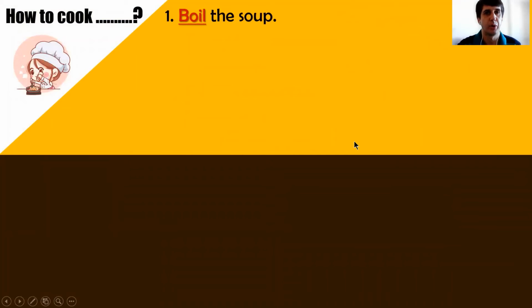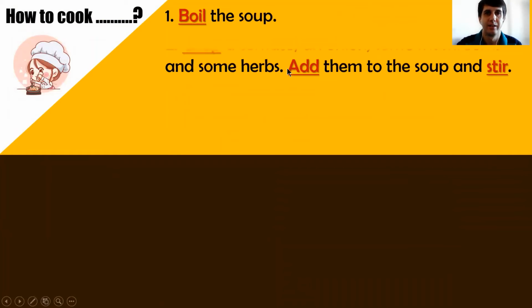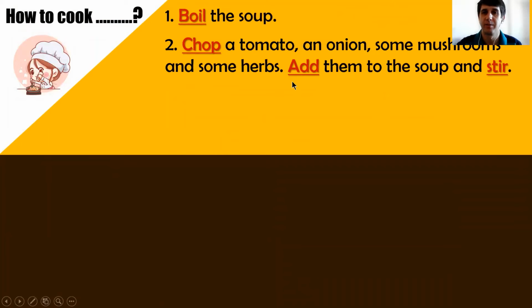Number 1, boil the soup. Okay, now remember, boil means make it very hot. The liquid gets hot, starts to bubble in the pan. Chop a tomato, an onion, some mushrooms, and some herbs. So we need a sharp knife, we need to chop, chop, chop, chop. Add them to the soup.